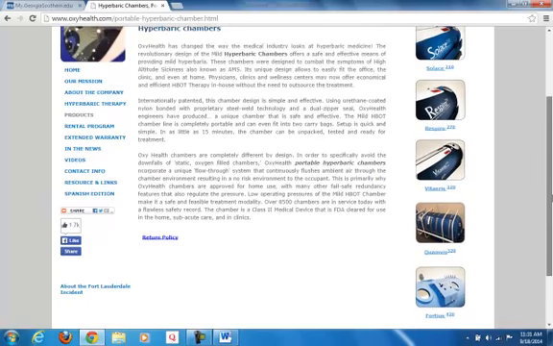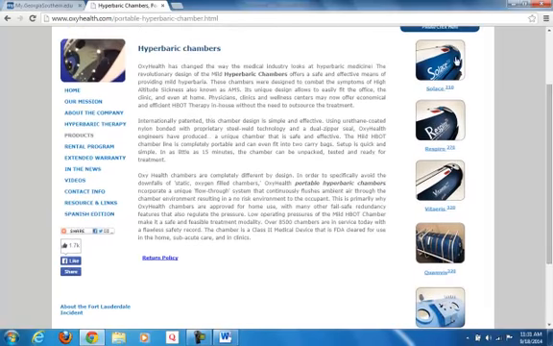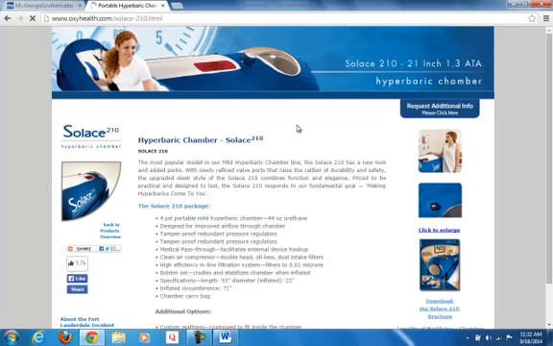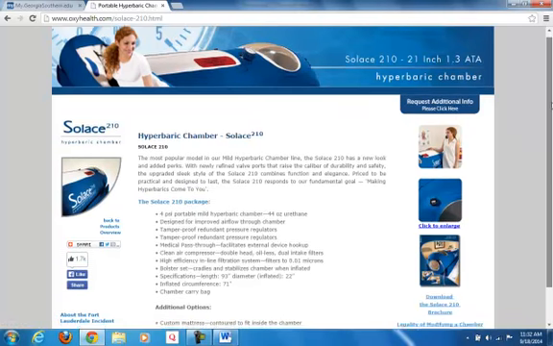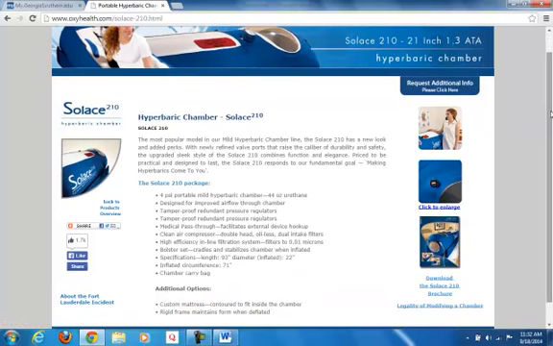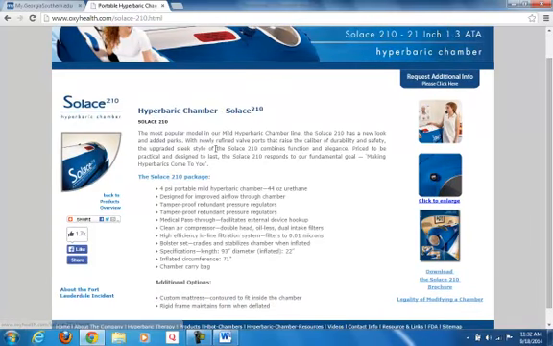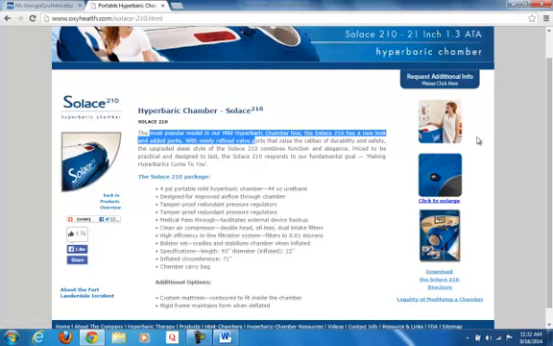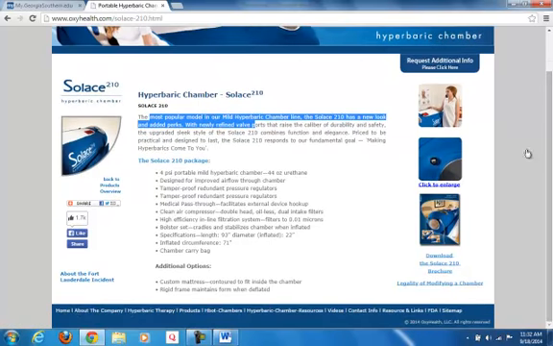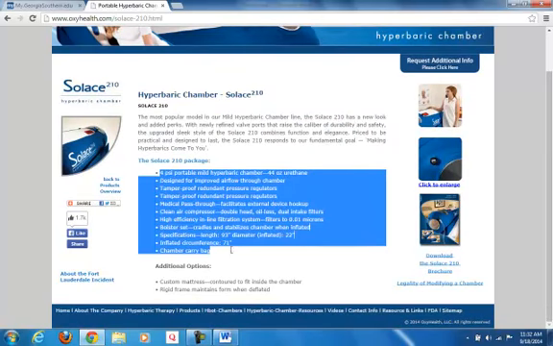Now they have a couple of their bigger ones over here, such as their Solace 210. So I'm going to open that up and see what there is about their chamber. Okay, this one seems to be one of their portable hyperbaric chambers, and it is their most popular model. Some of the things that are special to this one is this setup right here.